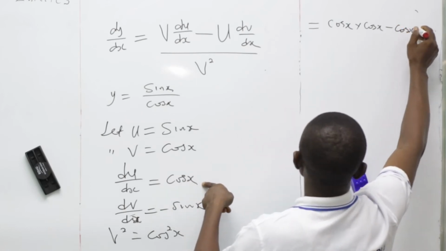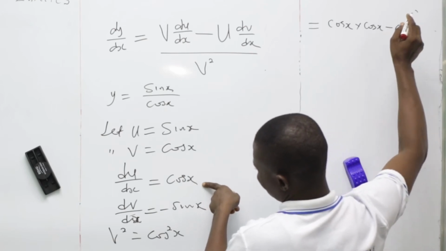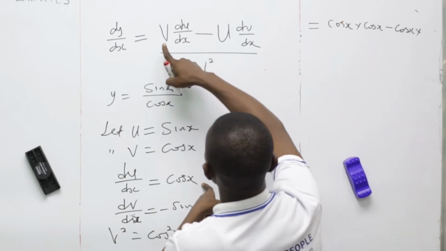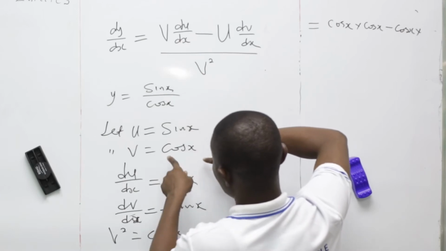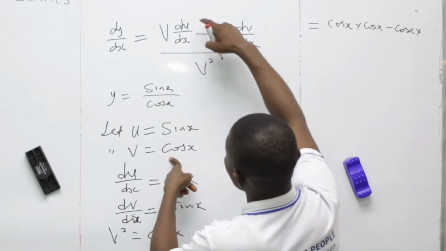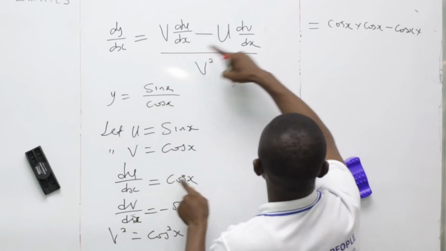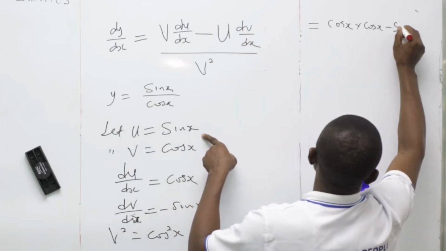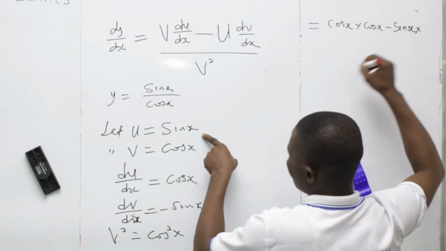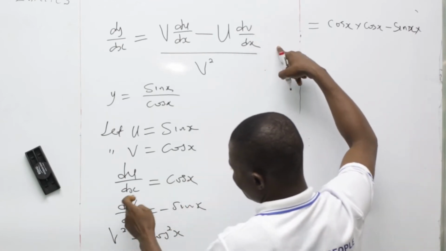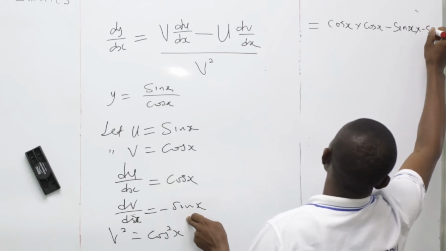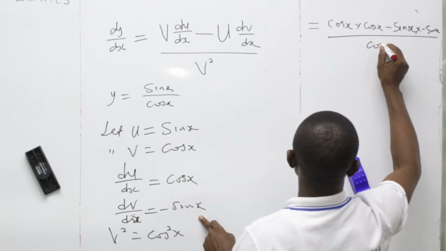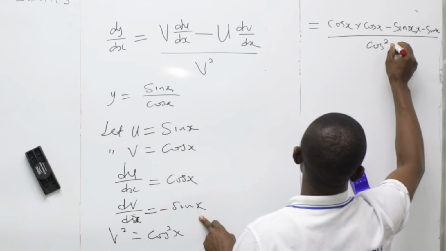Sine x, multiplied by dv/dx. dv/dx is minus sine x, all over cos squared x.